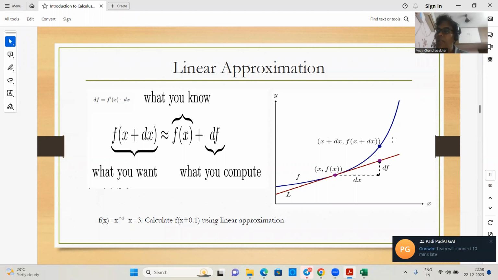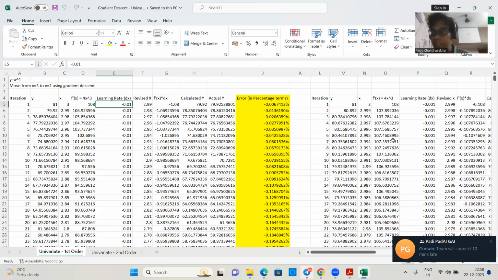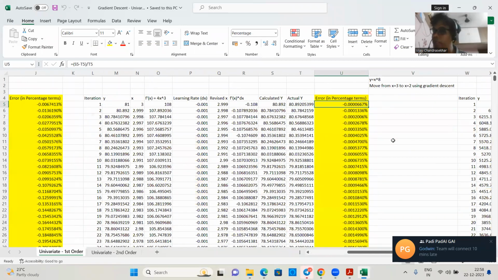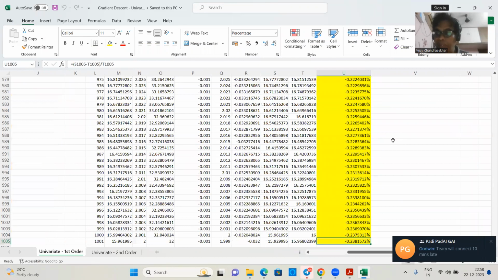So which is why, if you look at one trend, I'll show you a trend. I'll always start with a low error. Look at the initial error. It's negative whatever, 0.0000 whatever. And if I go all the way down, it has increased. That trend stays. I start with a small error, but the error keeps increasing. Why?